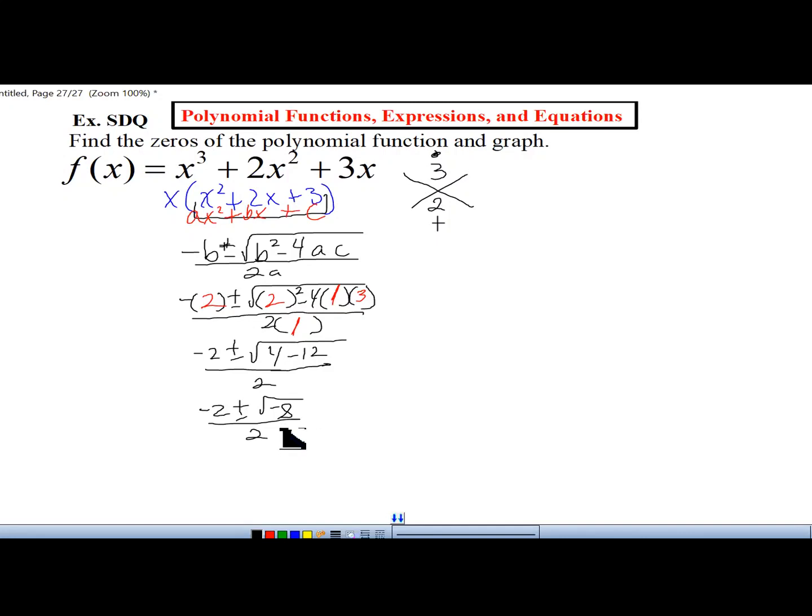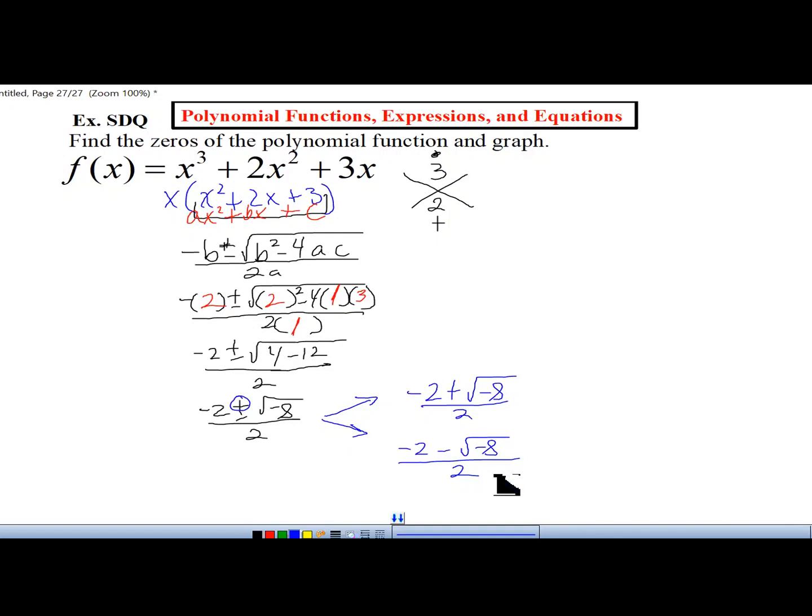Well, before that, let me go to the side over here. If we were solving a quadratic equation, we would have to write two equations, right? One for the positive and one for the negative. So I would write -2 plus square root of -8 over 2 and -2 minus square root of -8 over 2.